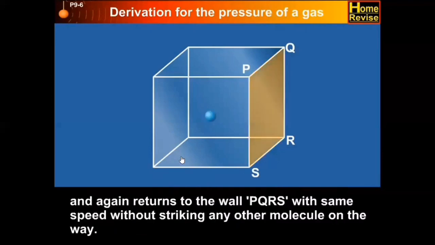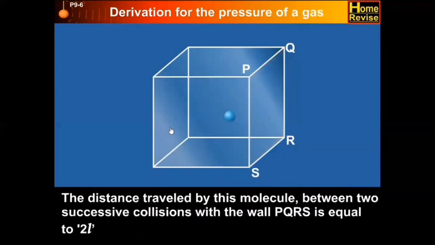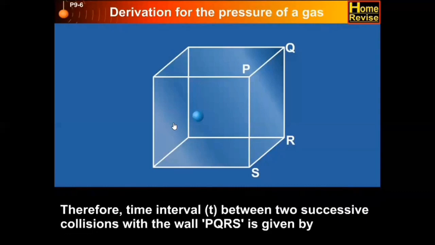And if the length of the wall is L, the traveling distance of this molecule is 2L: firstly one L, then the second L, so the total traveling distance is 2L.